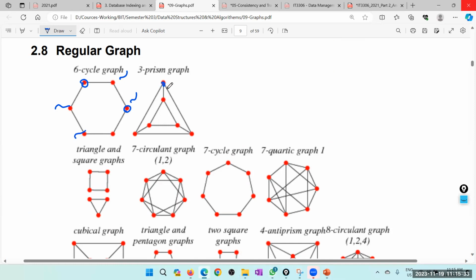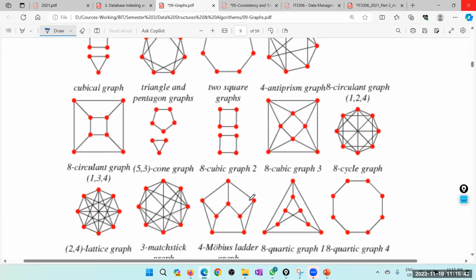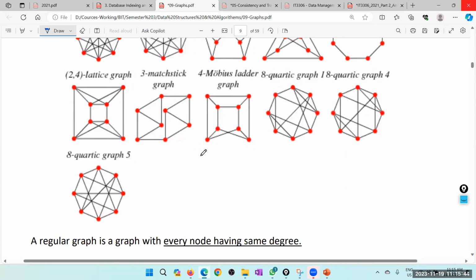Here, this one's degree is 3, this one is 3, this one is 3. It's a regular graph, and you will see that each of these graphs is a regular graph. These are easy questions if you get a question like that. Look at this, degree is 3. Look at this, degree is 3. It's a regular graph.